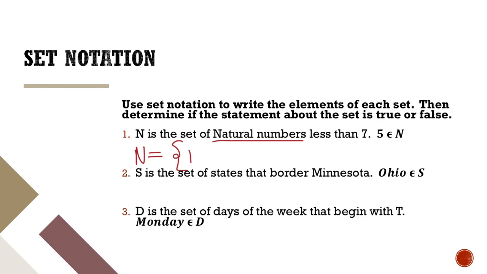We just start with 1, like counting: 1, 2, 3, 4, 5, 6. We're less than 7, so we do not include 7. We close this bracket right here. Then it's asking, is 5 an element of that set N? That's in fact true, because 5 is right there.